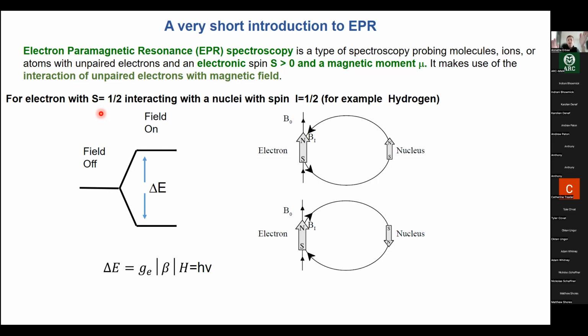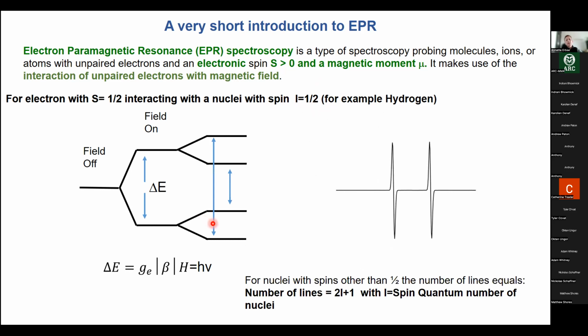So now our electron can orient itself with respect to the outer field and with respect to the field of the neighboring nucleus. In the simplest instance, the neighboring nucleus would be a hydrogen with a magnetic spin quantum number of 1/2. And that would mean both our levels get split one more time. There are 2 allowed transitions, so our spectrum would have a 2-line spectrum.